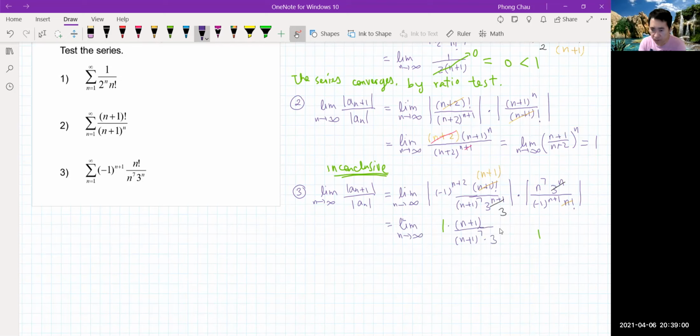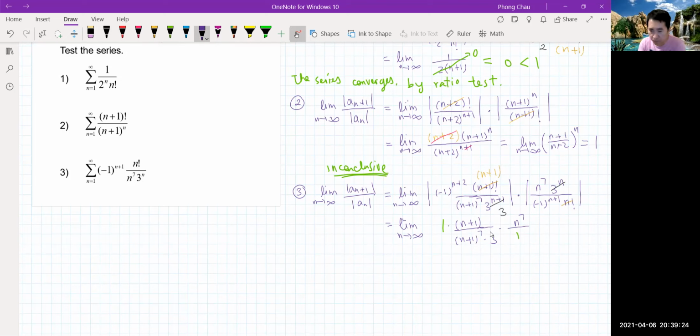And on this side, I have n^7 over nothing left, it's a 1, right? So it's just the 1s left there.